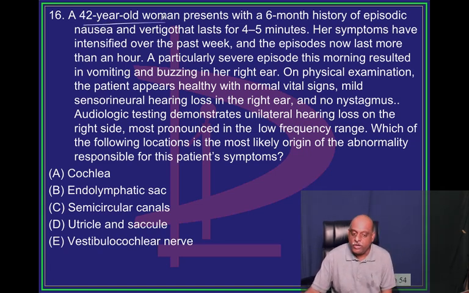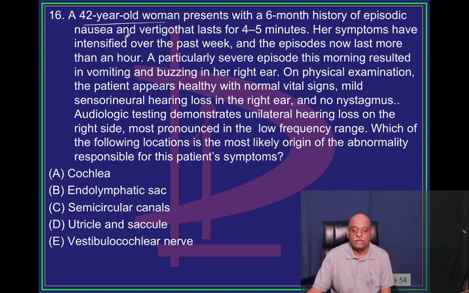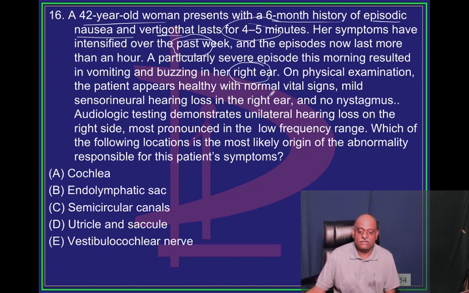Now, a 42-year-old woman presents with 6 months history of episodic nausea and vertigo that lasts 4 to 5 minutes. Her symptoms intensified over the past week. There's a buzzing tinnitus in the right ear. On physical examination, otherwise healthy, normal vital signs, but there's a mild sensorineural hearing loss in the right ear.